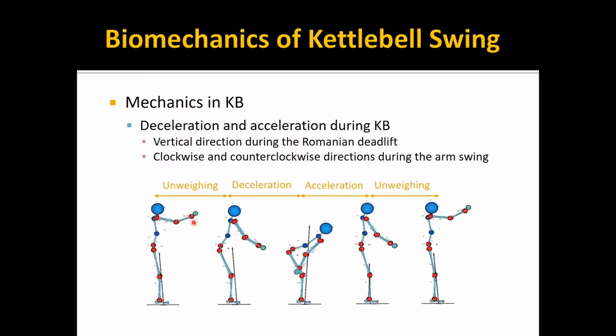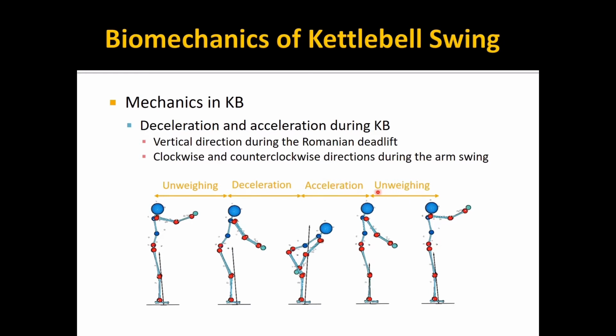There are some mechanics to deal with in the kettlebell swing. First of all, the kettlebell swing can be broken down into 4 different phases based on acceleration patterns: unweighing phase, deceleration phase, acceleration phase, and unweighing phase again.